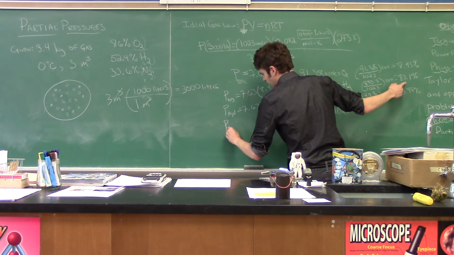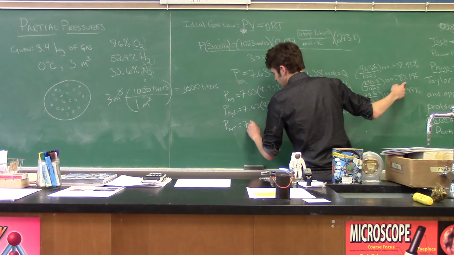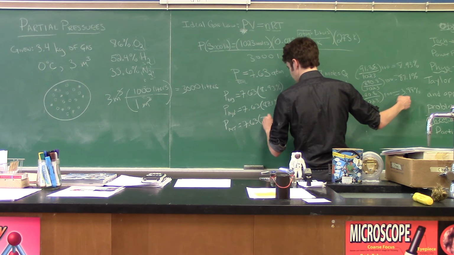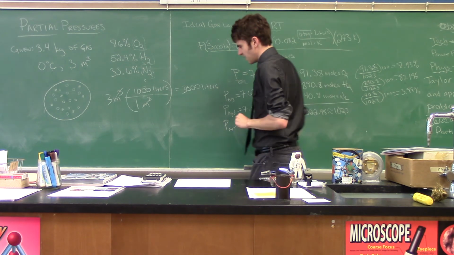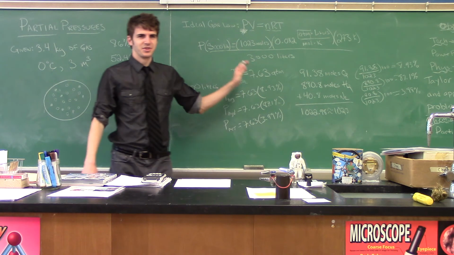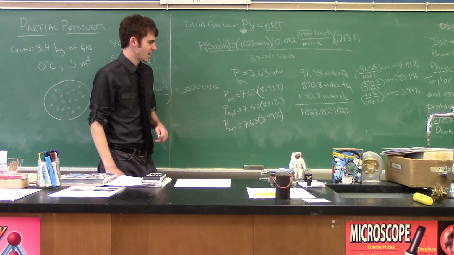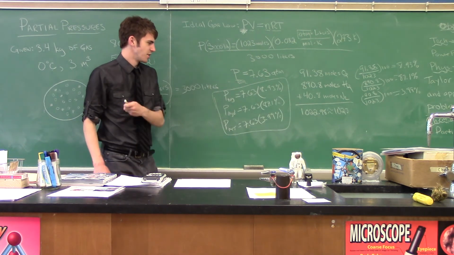And the partial pressure due to nitrogen, surprise, surprise, is 7.63 times its percent. I won't worry about carrying out those calculations here. I'll let you do that on your own in your calculators because it's our final answer there.